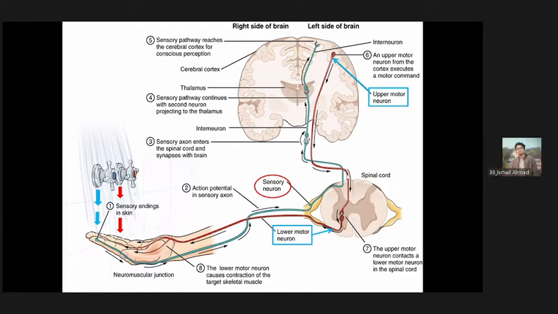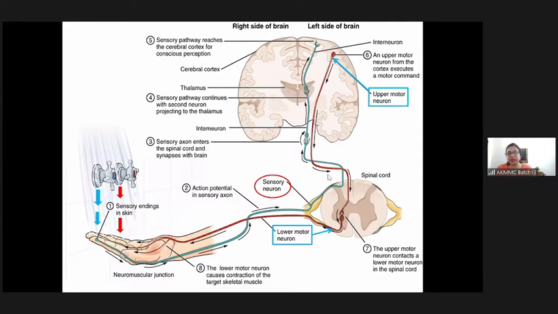Yes, ma'am. Now we can see the cell body is inside the anterior horn, and it is transmitting through its process impulse toward the site of action, away from the cell body. This is another motor neuron.